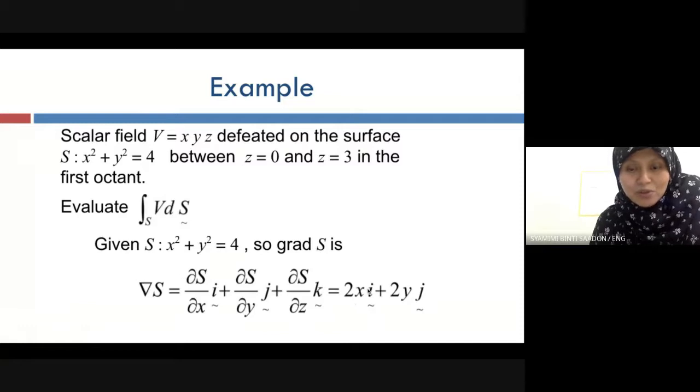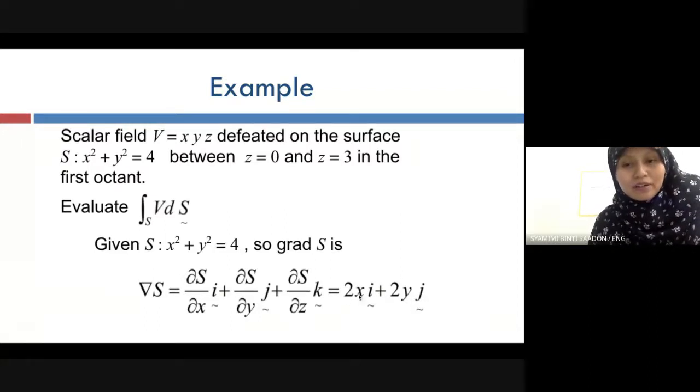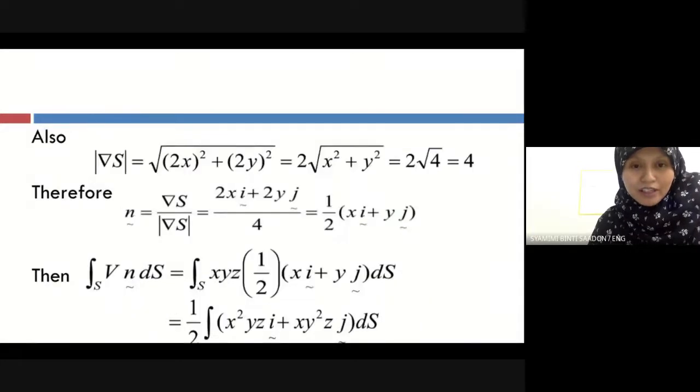We do the partial derivative in terms of x and the partial derivative in terms of y. So we have the gradient of S is 2xi plus 2yj. And then the magnitude of this gradient of S, square root, etc.